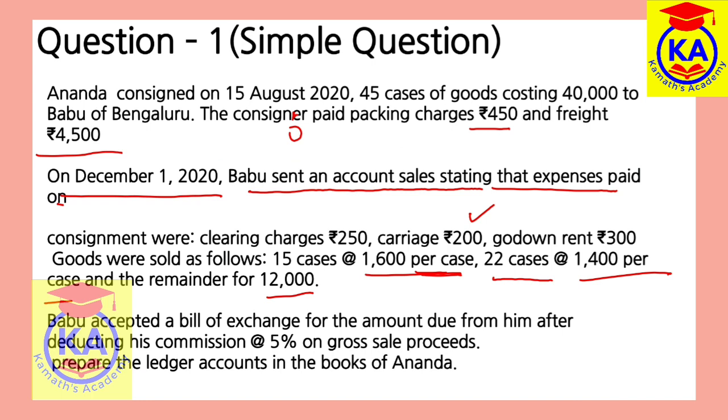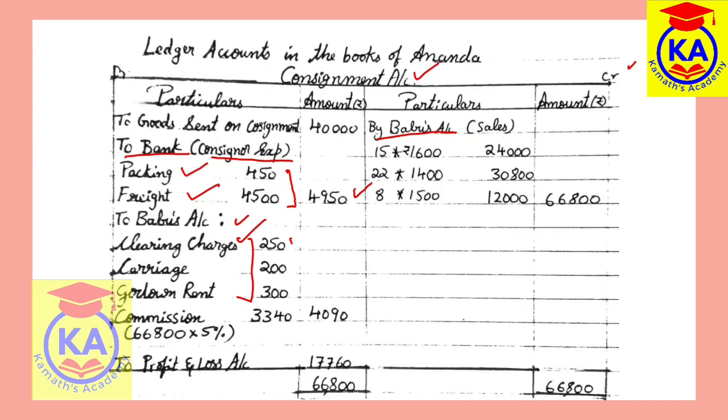So 1,600 is the cost of 1 case. 15 cases, how much? 15 into 1,600, so it is 24,000. For 22 cases, if the cost of 1 case is 1,400, 22 into 1,400 is 30,800.